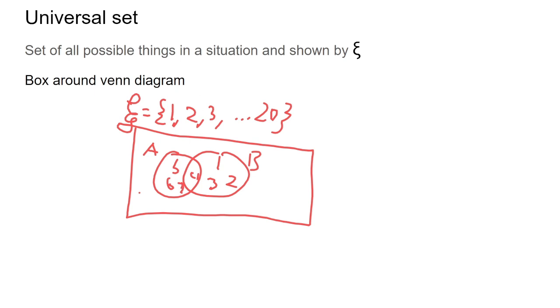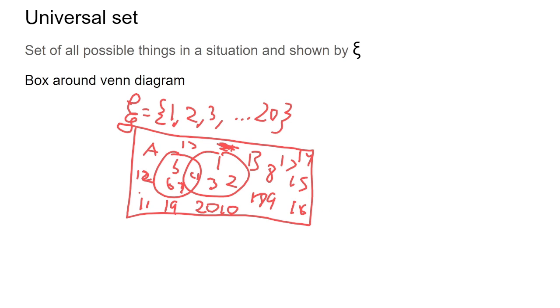Since we know that the universal set has all the numbers from 1 to 20, the outside, which is not in set A or B, has to be all the numbers that are not in here. So we know it's 8, 9, 10, 11, 12, 13, 14, 15, 16, 17, 18, 19, 20. You get it, basically. But you can't put 21 here because 21 is not even part of the problem. The entire problem only has 1 to 20. 21 isn't even a possibility.